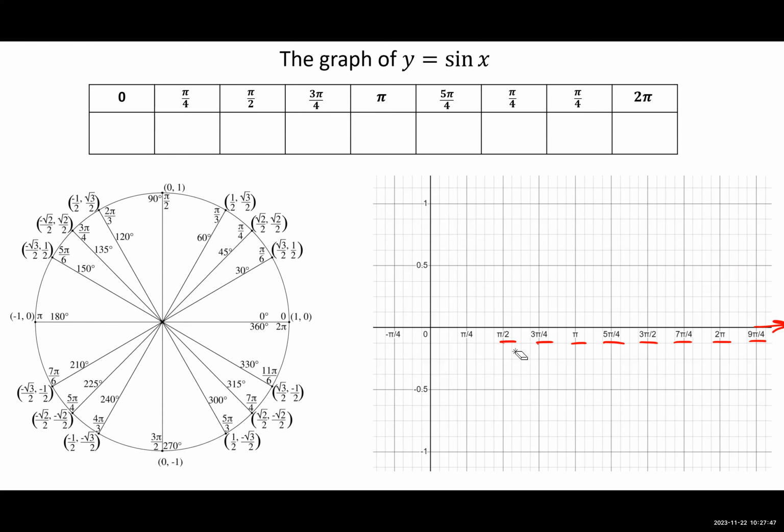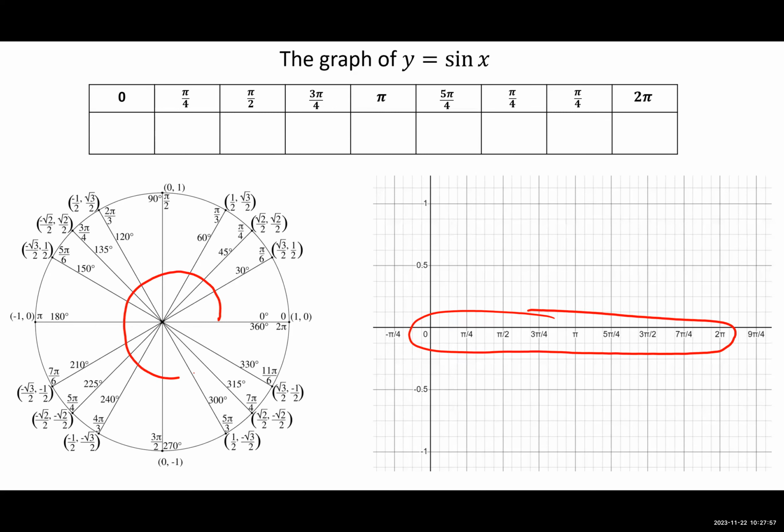For my horizontal axis, I'm going to be using 0 to 2 pi, because that's one trip in the positive direction around the unit circle. Once you go from 0 to 2 pi, if you keep going, everything repeats.